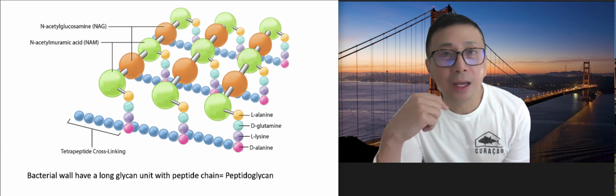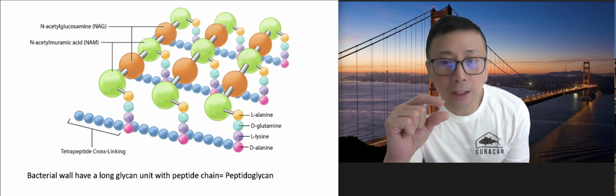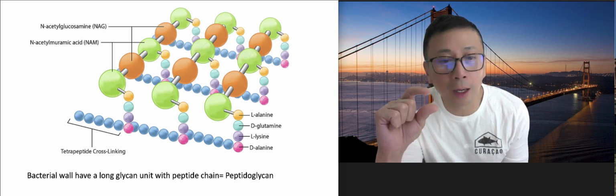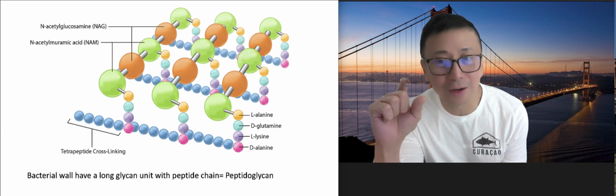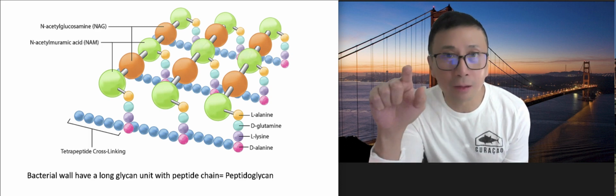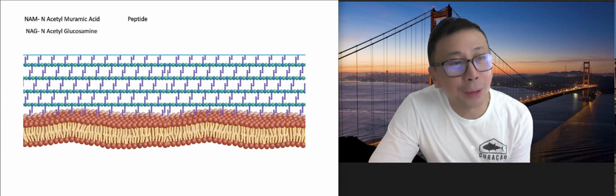That's just it. When it's gram-negative cocci, there's only a very thin peptidoglycan, but they have another outer layer, right? So in the middle is peptidoglycan, and outside is another layer.